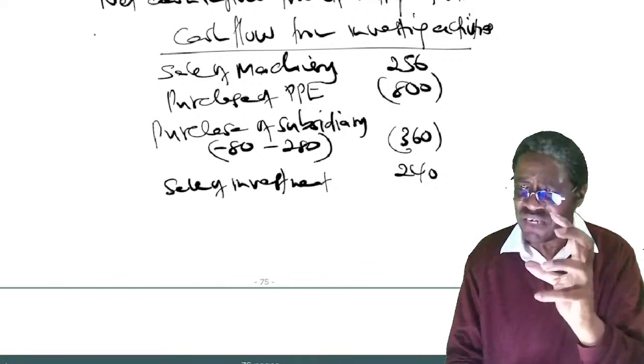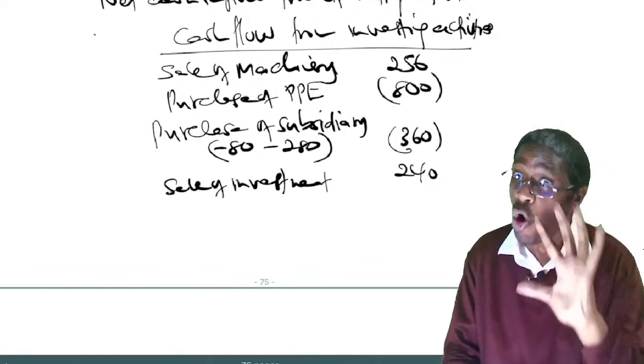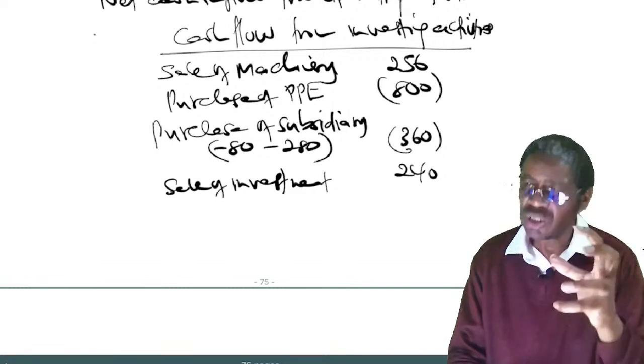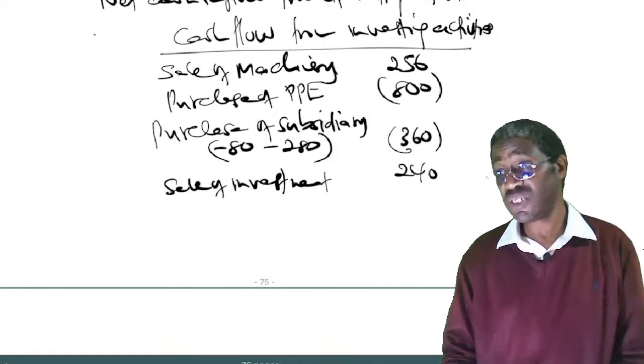Are there other investing activities that you could have done as a working, or you can pick from the income statement?